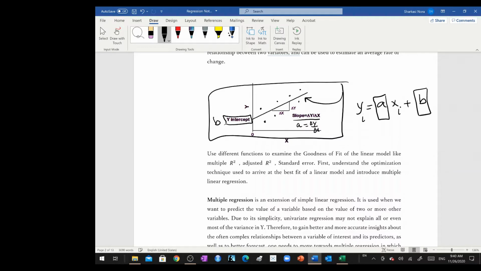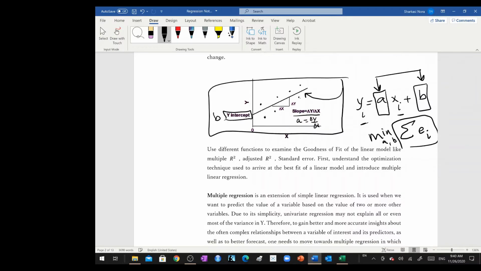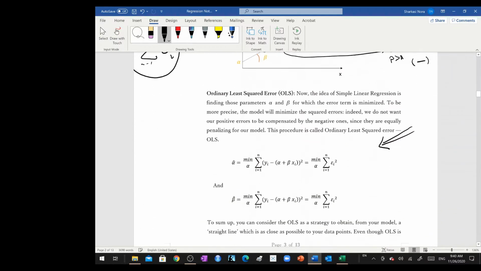We need to find these parameters, the slope and the intercept, where we have only one slope and one intercept, but along multiple points of y and x. So how do we find these? In such a way that sigma e_i, which corresponds to each point, the sum of errors, is minimized. So we are trying to minimize the sum of errors so that we can find a, so we can find b.